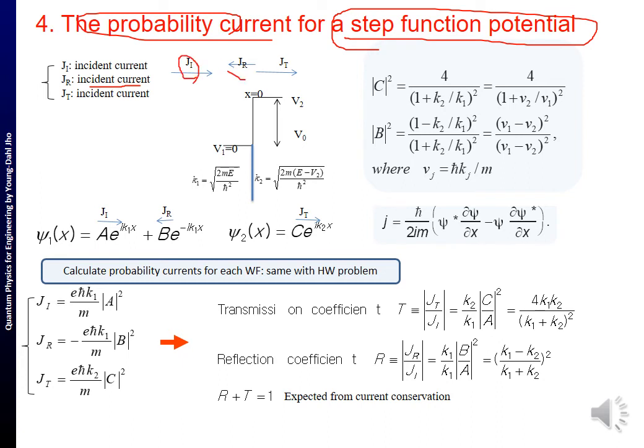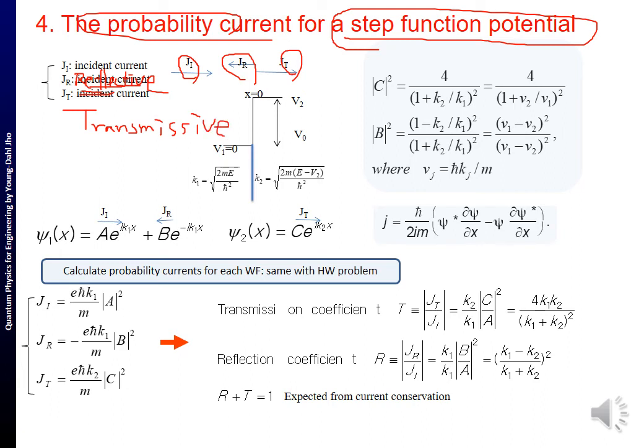J_I is incident, J_R is reflected, so this is wrong. So let's change it to be reflective current. And then J_T, transmissive current. It's not incident. Transmissive or transmitted current.